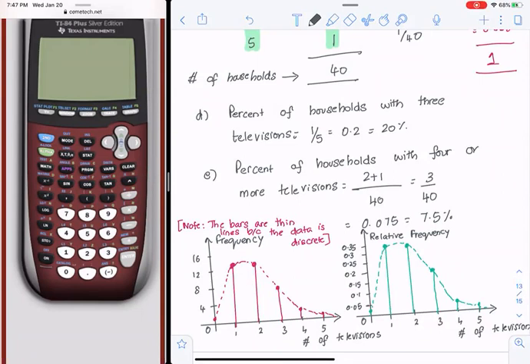So this is what we call a right skewed distribution. So the majority of households would have televisions, either none or 1 or 2 or 3. And there would be very few households which have 4 or more televisions.